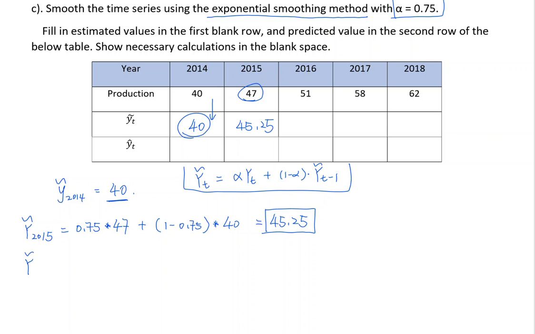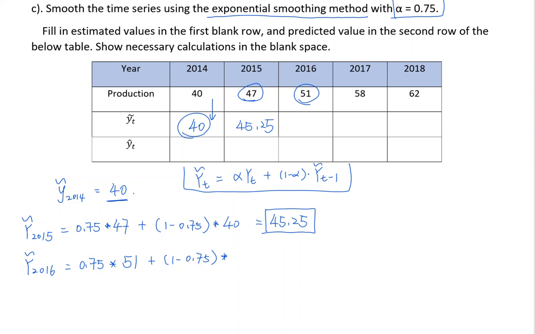All right, so now next, you need to calculate the estimated value for 2016. Right, for 2016, you need to follow the same formula, but now we focus on 2016, right? We need to use the alpha 0.75 times the current value of 2016, which is 51, right? And then plus 1 minus alpha times the previous estimated value.